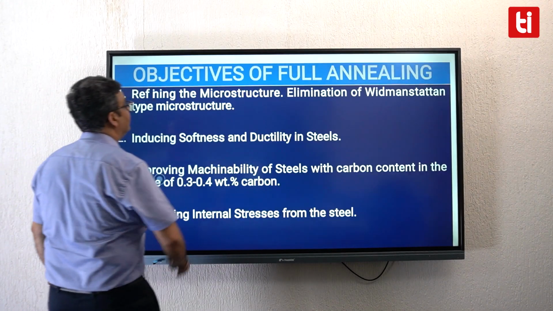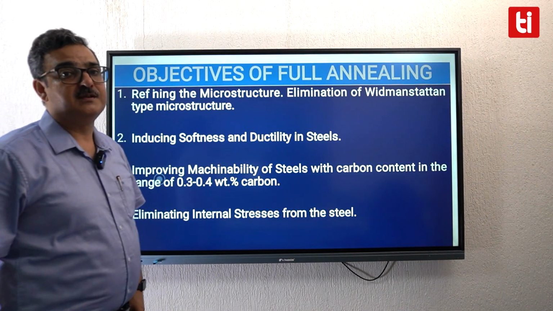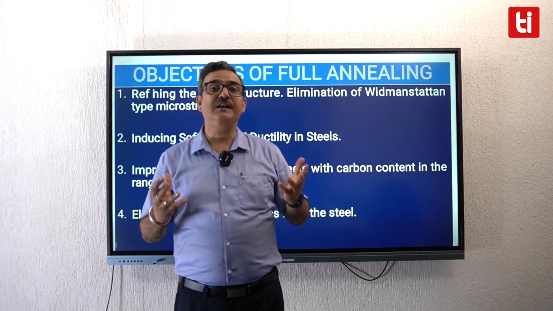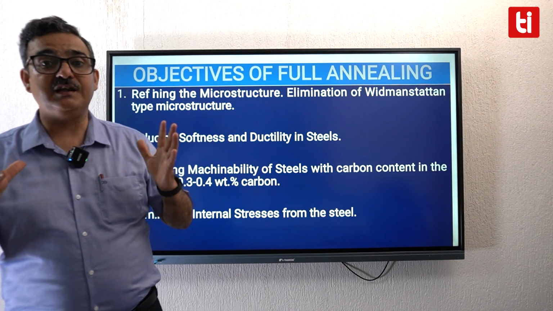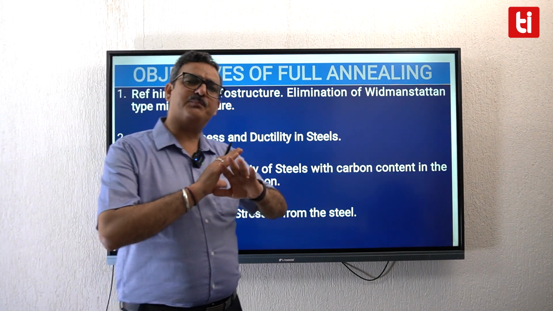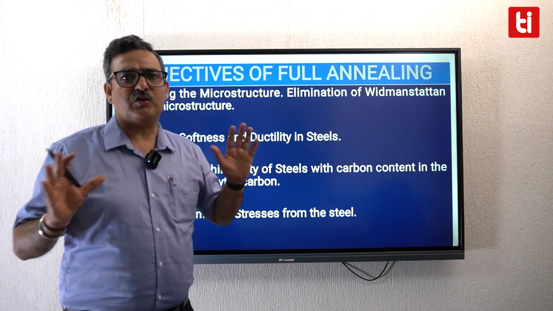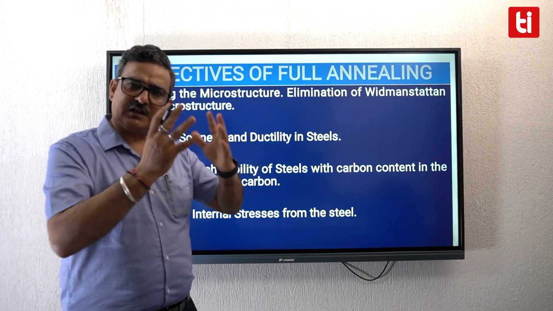Then students, what are the various objectives for which full annealing treatment would be given to any hypoeutectoid steel or any eutectoid steel? See, if your steel has received any pre-treatment because of which its grain structure has become very coarse, the structure has got distorted.